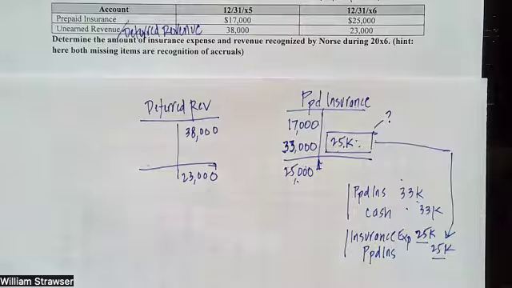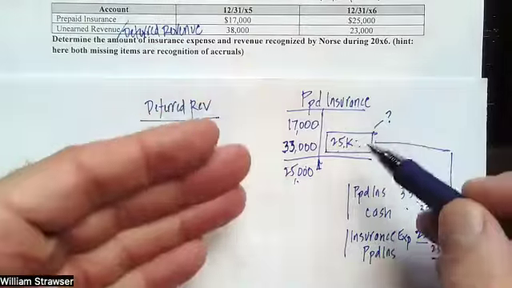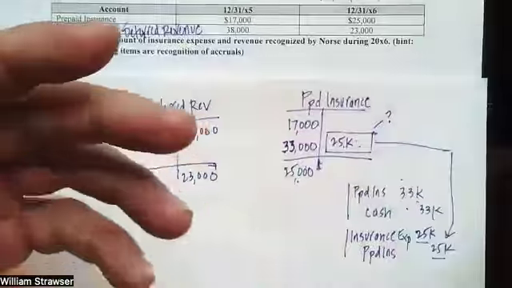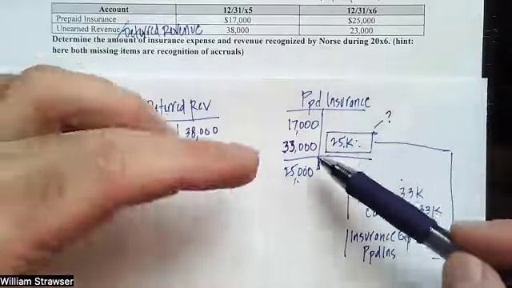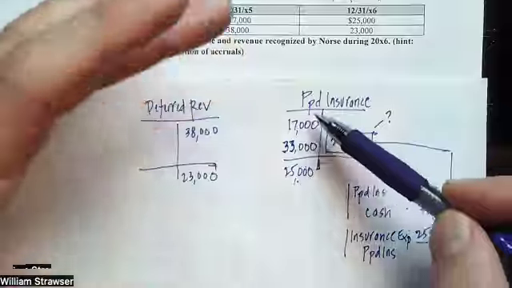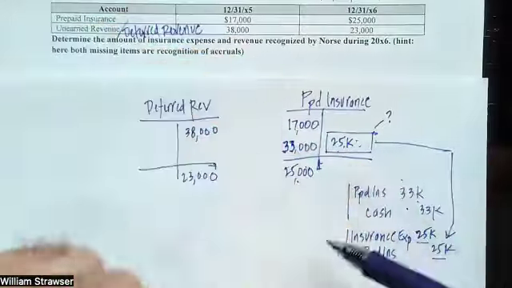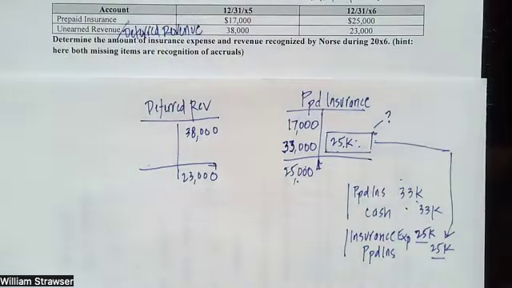And knowing what I know about how the prepaid insurance account works, I know that when I put money into it, I'm debiting this account. That's the cash side of this account. And then when it's being reduced, I'm using up the insurance and recognizing the expense.